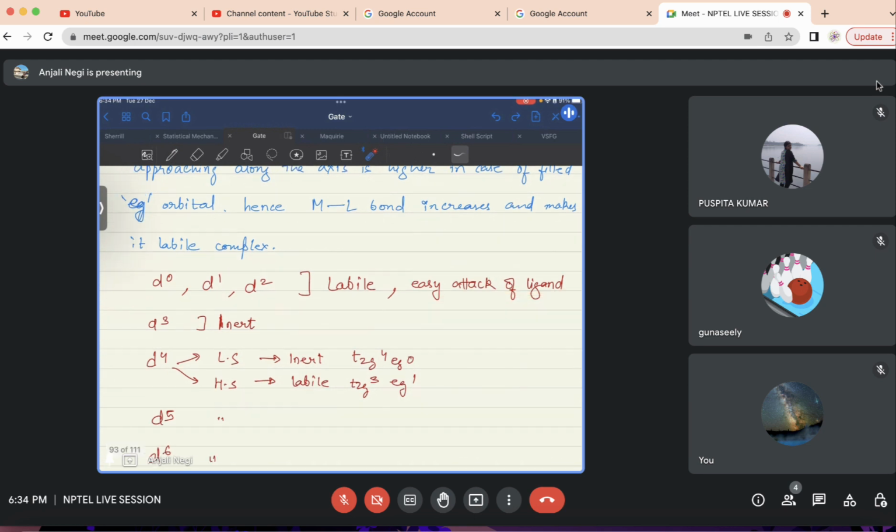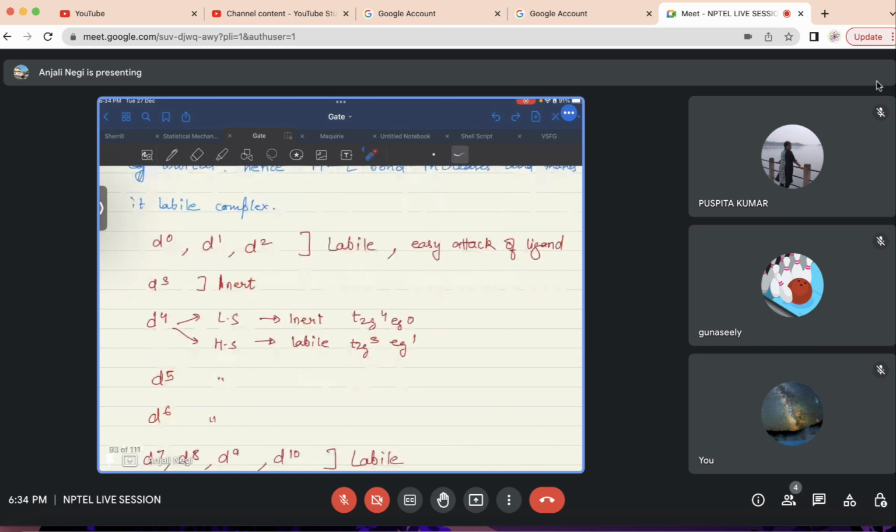Now in the case of d3, it is again t2g3. So it was called inert. Yeah. So in the case of d4, if it is high spin, it is eg1, and whenever there is an electron filled in the eg orbital, that are the sigma antibonding orbitals, then it will have more repulsion because it is along the axis, and will make my complex more labile, that is more prone to attack due to the metal repulsion that will happen.